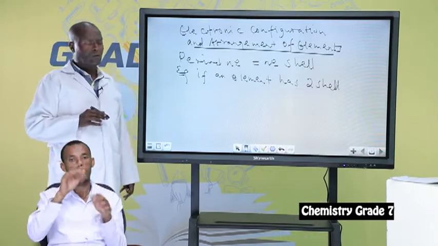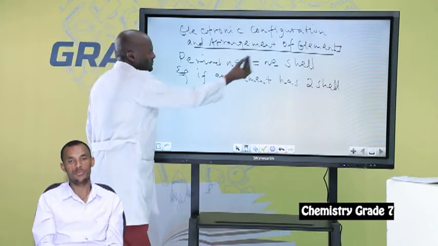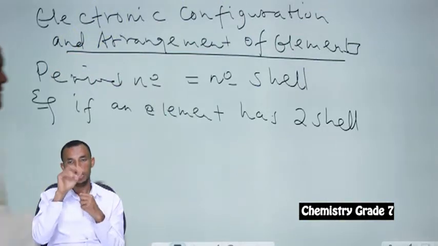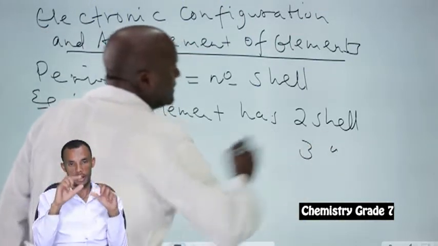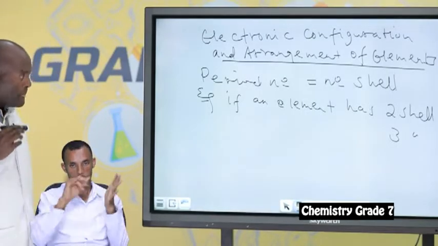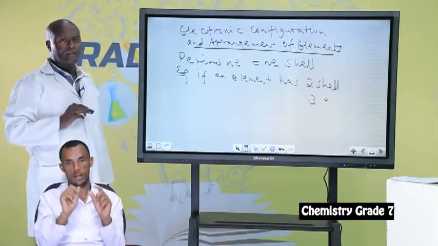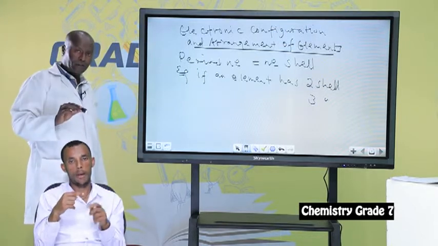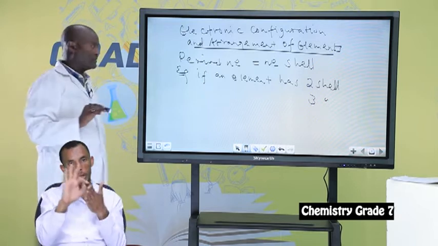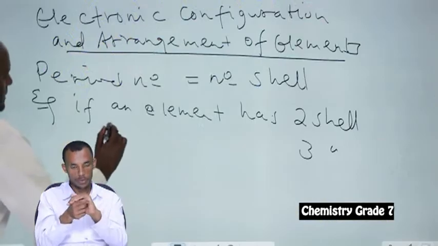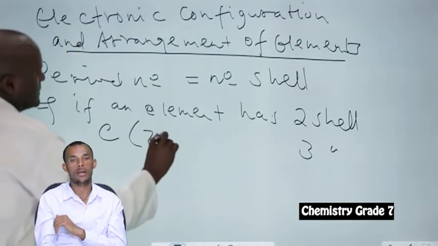If an element has three shells, it is found in period 3. That means the number of shells tells us the period number. For example, carbon, its atomic number is 6.